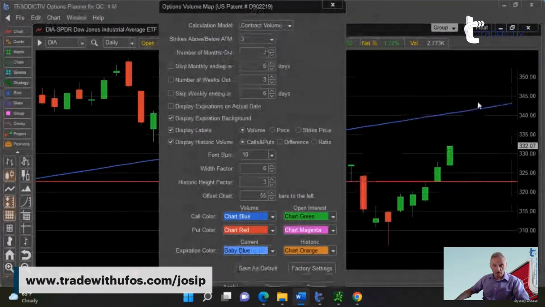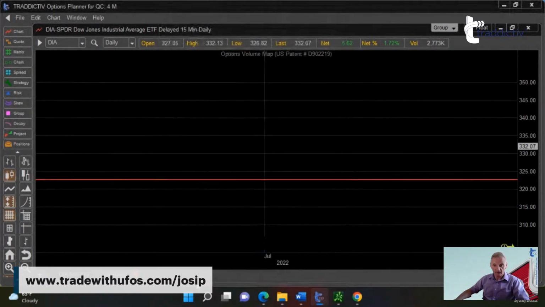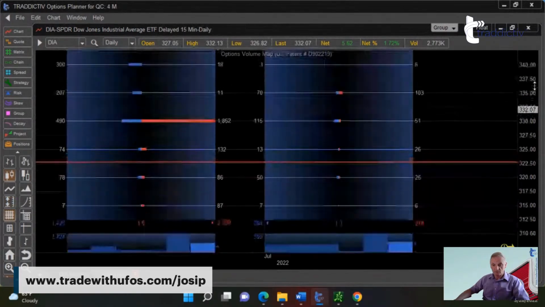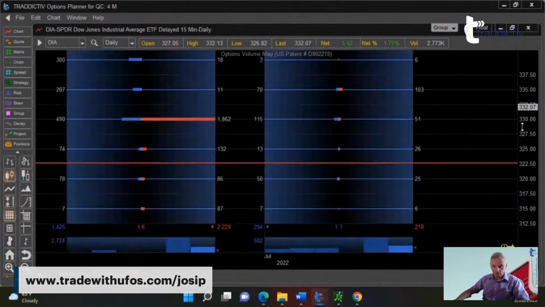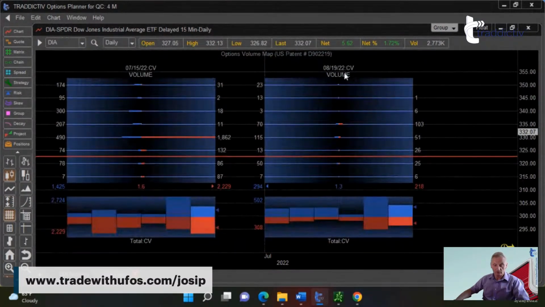When I insert this right now on a diamond that is on a daily, apply it and click OK, and this gets populated, be aware that what I'm showing you right now is the volume. As I pointed out, the volume is showing huge activity right here of 1,862 contracts.